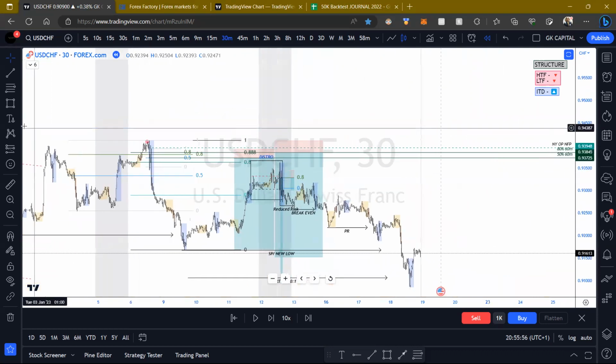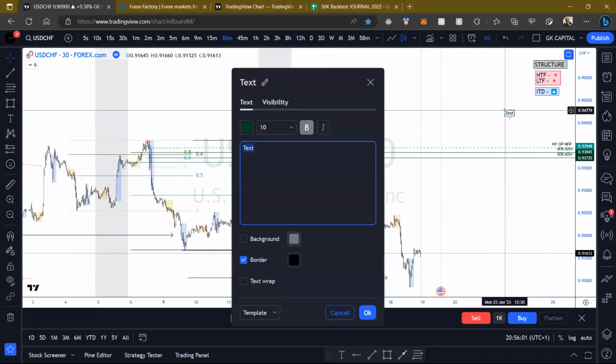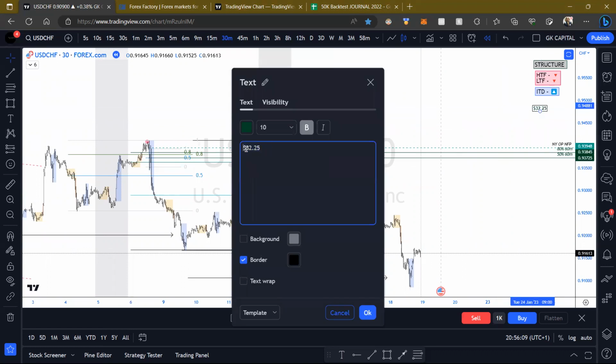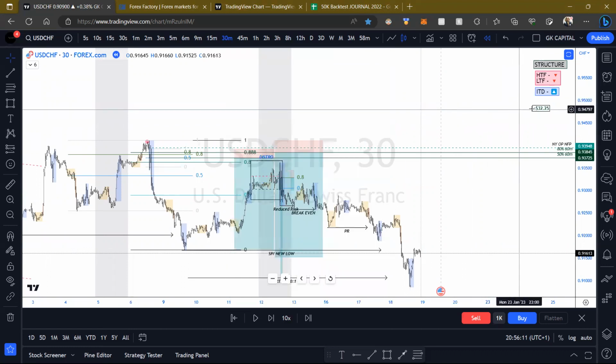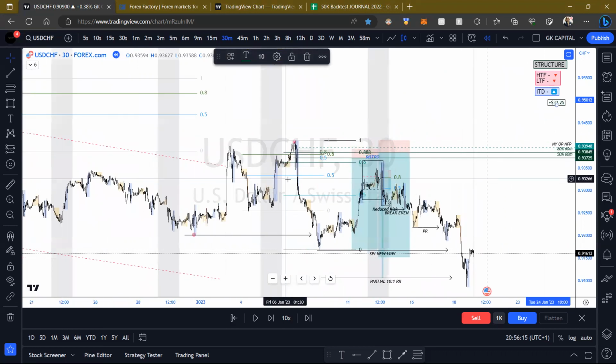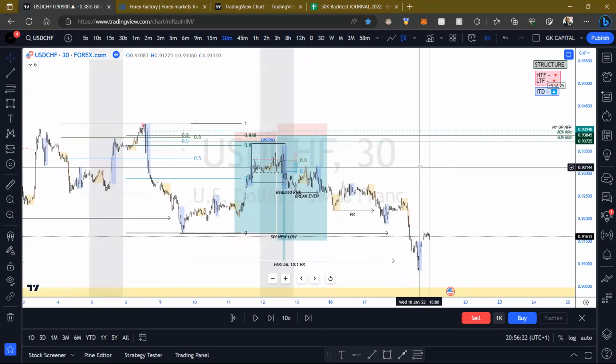So we've got 32.25 so far in this, and that's this. So this is the first trade. 12th of January was the first trade that we would have taken on USDCHF in 2023.